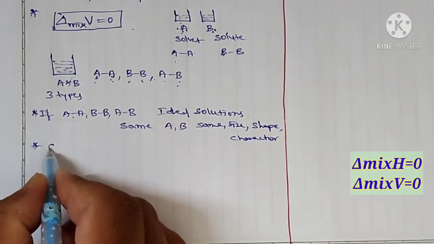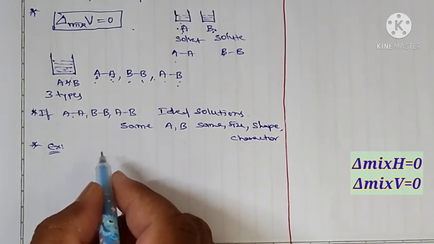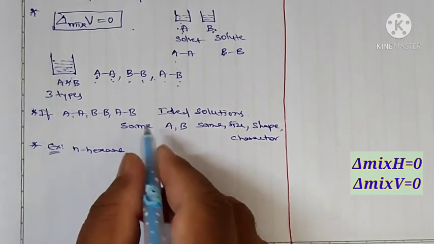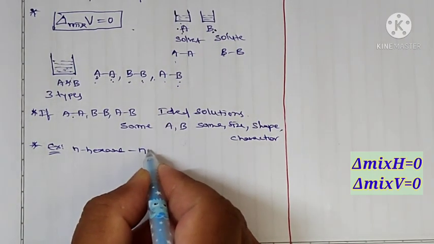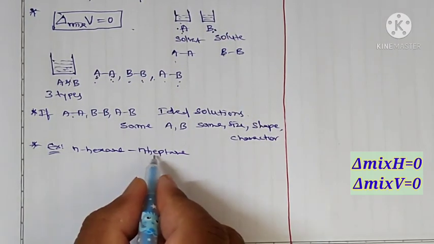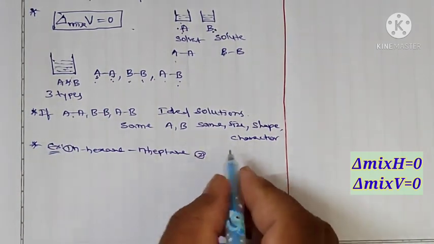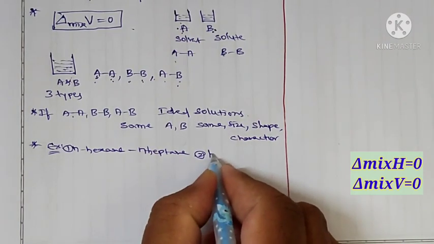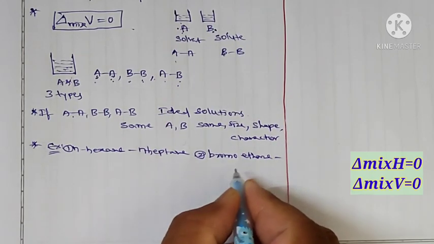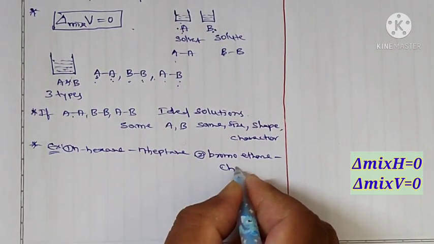These solutions behave as ideal solutions. First, a mixture of n-hexane and n-heptane. The second one, a mixture of bromoethane and chloroethane.